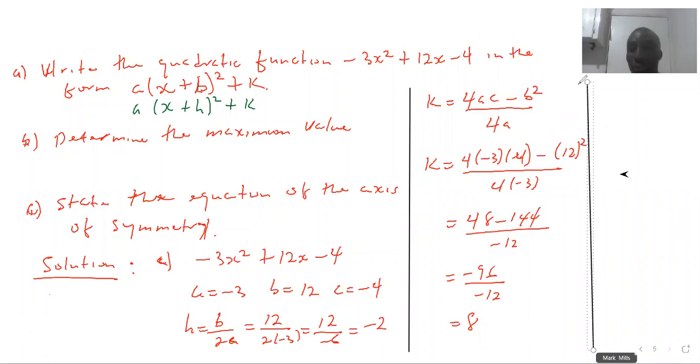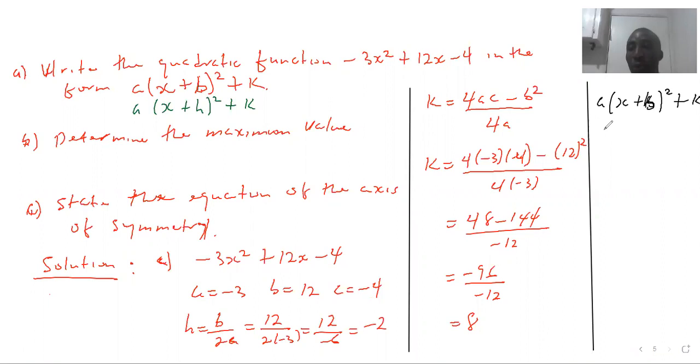So what are we going to get now? We're going to just substitute our values inside. So inside the formula, we should have a, bracket x plus b, squared, plus k.